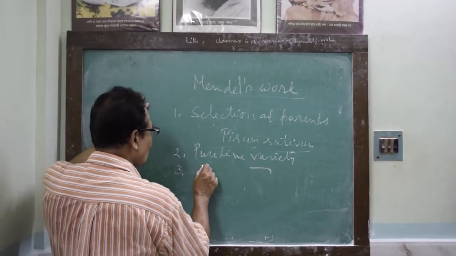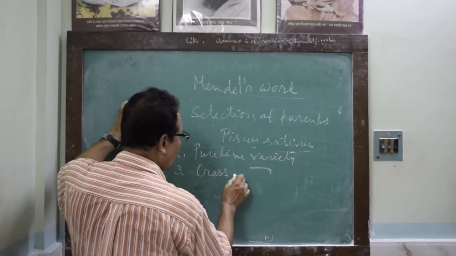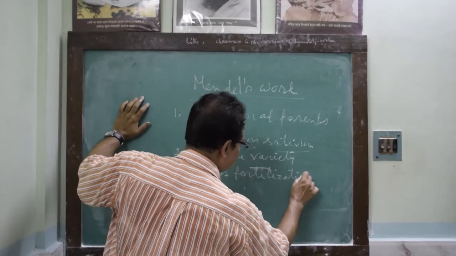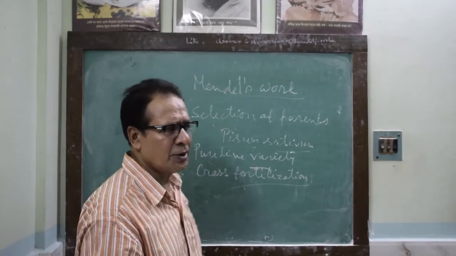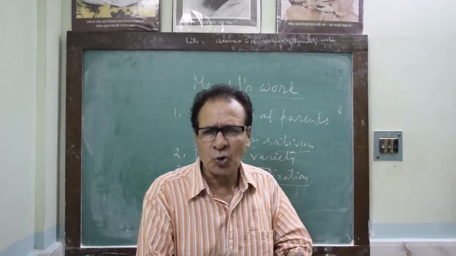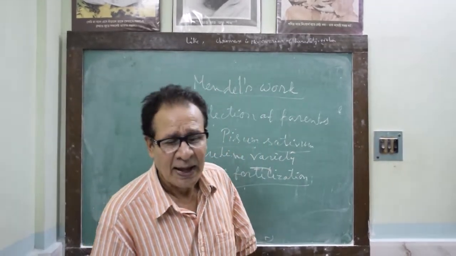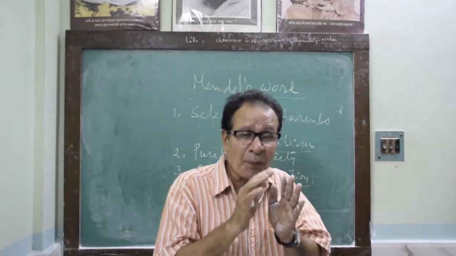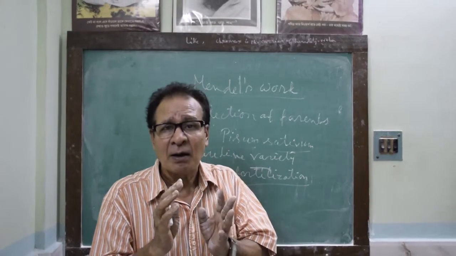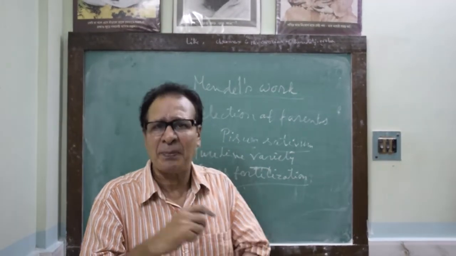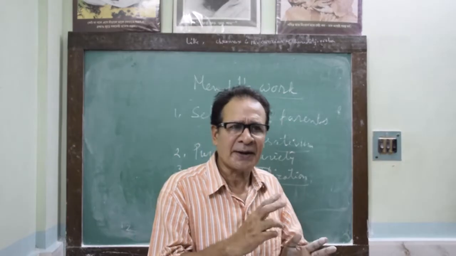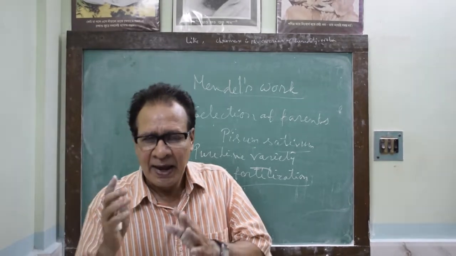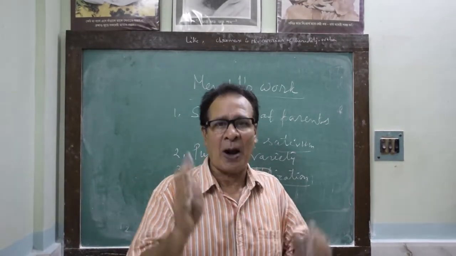Number 3, cross pollination and fertilization. He cultivated the pure tall and pure dwarf plants, and then in bud stage he opened the petals of the flowers of the dwarf plant very carefully and removed the male sex organs, turning them into female flowers.